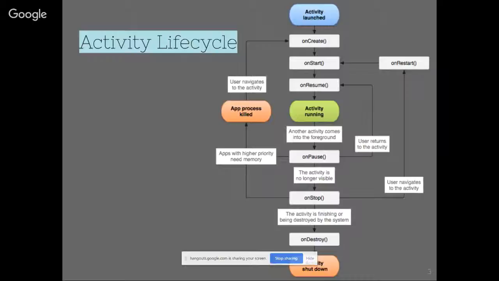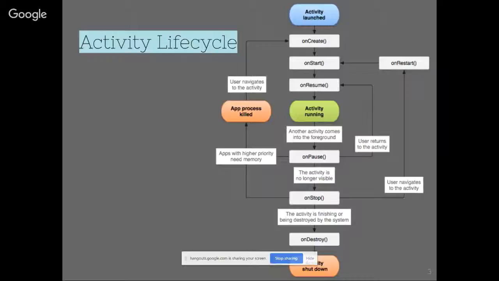And then we have the next method, that is onStart. This is called when the activity is becoming visible to the user, followed by onResume. OnResume is called when the activity will start interacting with the user.